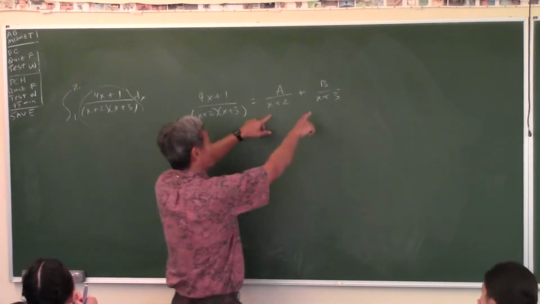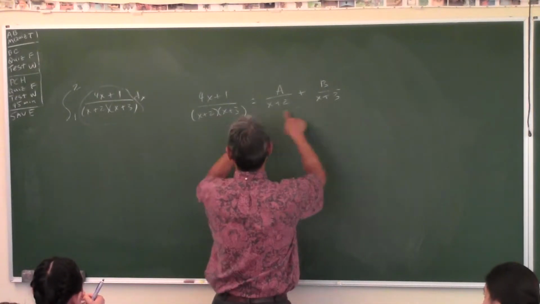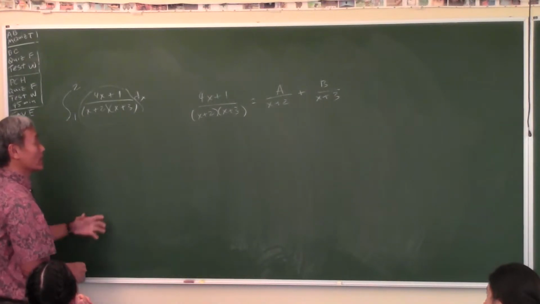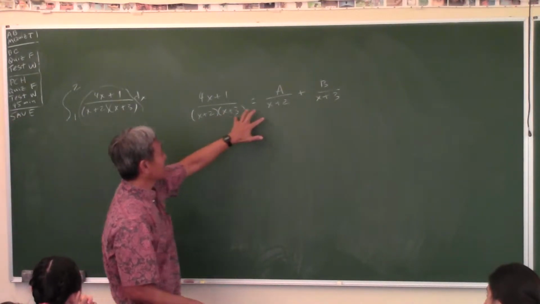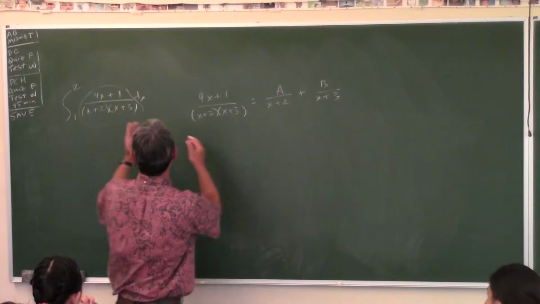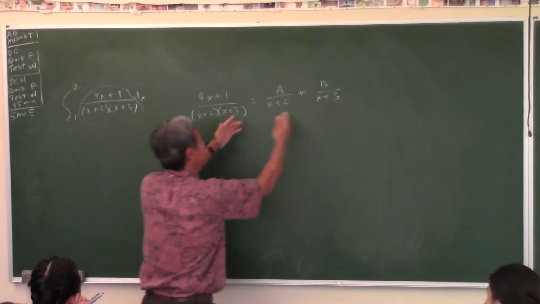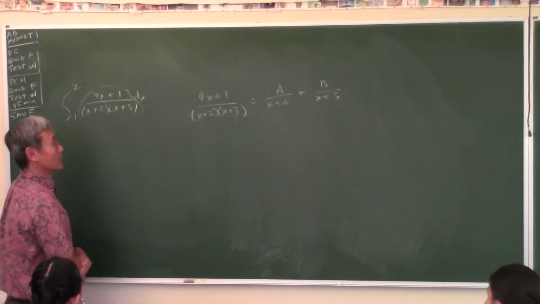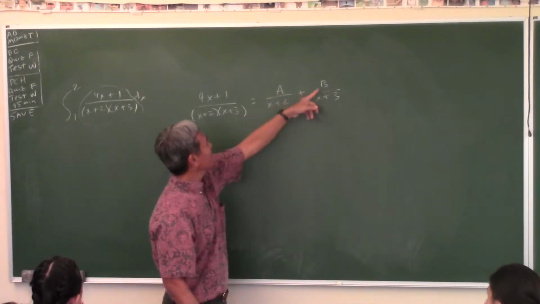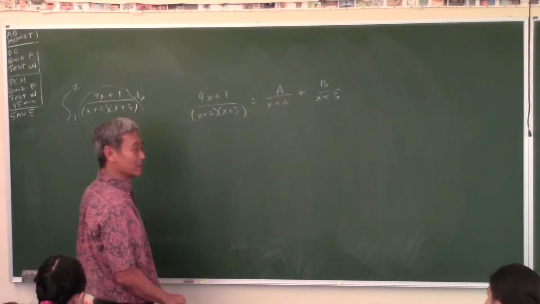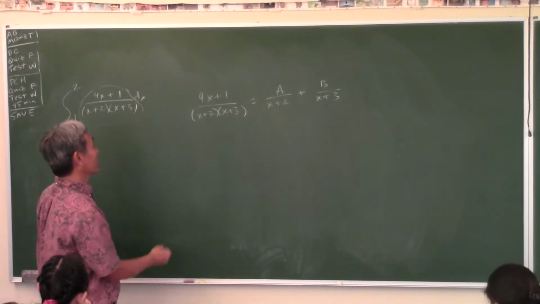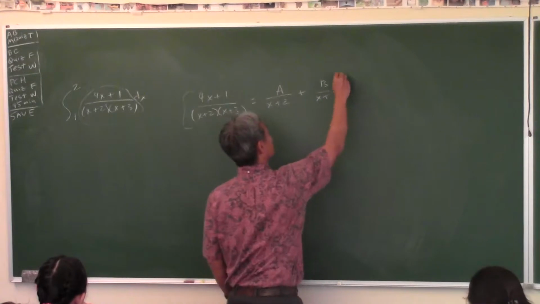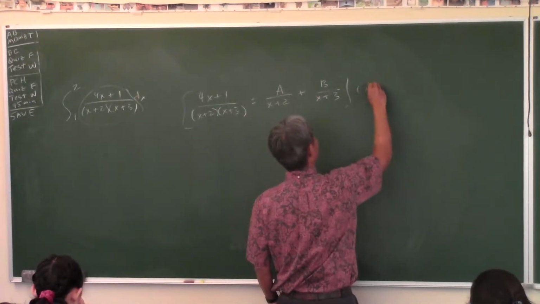If you add these two fractions together, isn't that the least common denominator? So what we want to do is decompose this into that, because right now I can't integrate it, but once you decompose it, it's easy to integrate. Now we just have to figure out what the numbers on the top are. The first thing you do is multiply both sides by the least common denominator, so multiply both sides of this equation by x plus 2 times x plus 3.